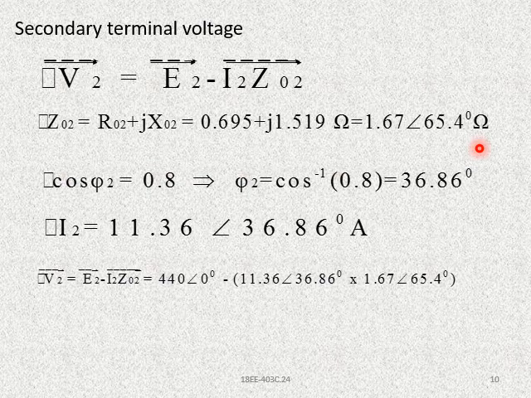And from that, V2 is equal to E2 minus I2 Z02, which is 440 at an angle of 0 degrees minus 11.36 at an angle of 36.86 degrees into 1.67 at an angle of 65.4 degrees.